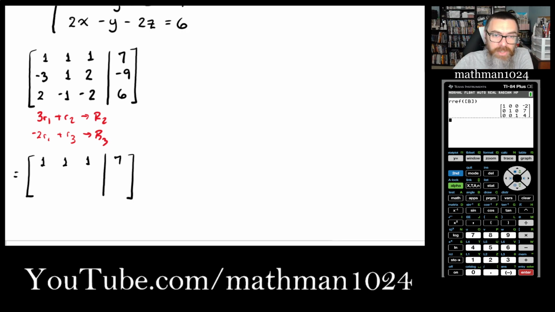Now, 3 times 1 plus 3 is 0. 3 times 1 plus 1 is 4. 3 times 1 plus 2 is 5. 3 times 7 plus negative 9, so 21 minus 9 is 12. Now, negative 2 times 1 plus 2 is 0. That was intentional. Negative 2 times 1 plus negative 1 is negative 3. Negative 2 times 1 plus negative 2 is negative 4. Negative 2 times 7, negative 14, plus 6 is negative 8.